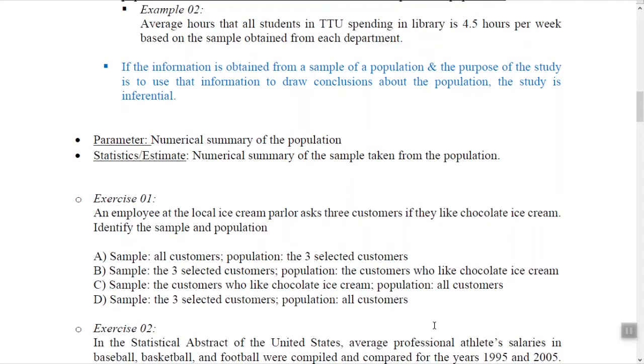So this mu and sigma, those are Greek letters, and we call them parameters.